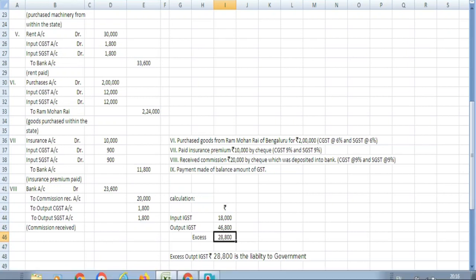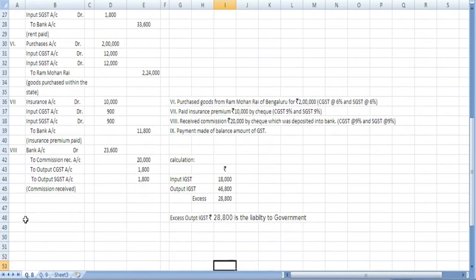Okay, now first we will adjust the IGST with IGST. So we will write here narration. We'll write here journal entry number 9, and we will write here output IGST account, we will debit, to input IGST account.